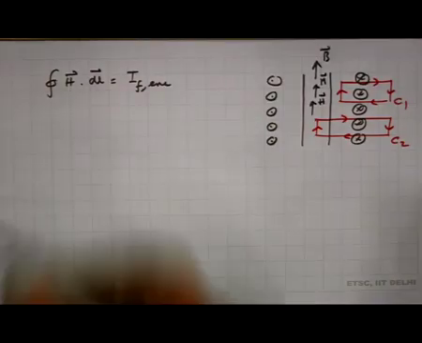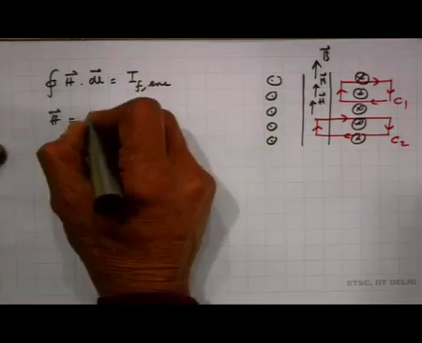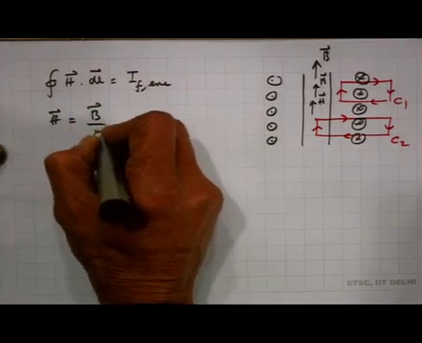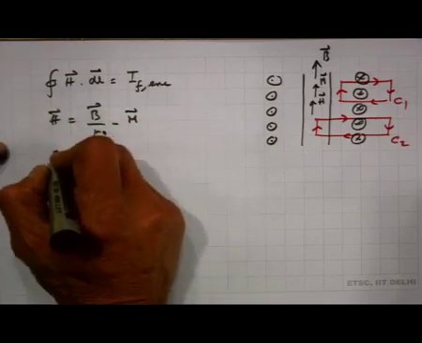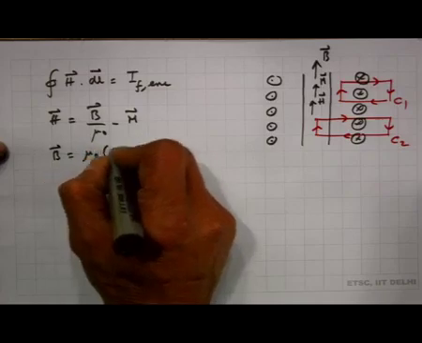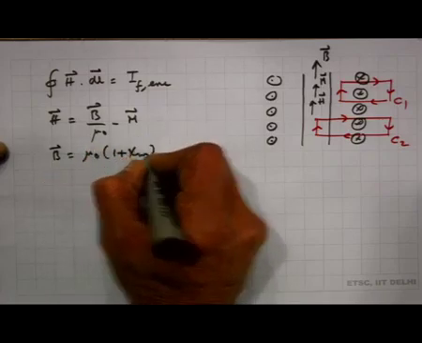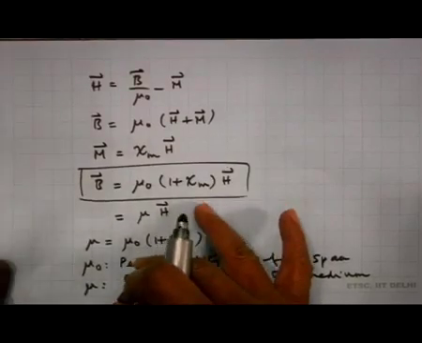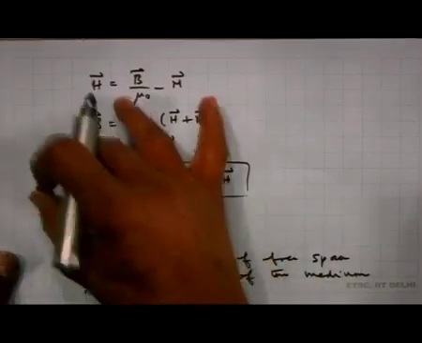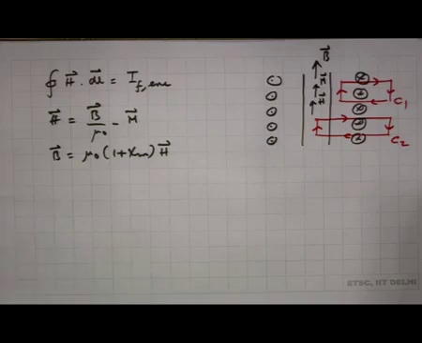H is equal to B by mu naught minus M, and B is equal to mu naught into 1 plus chi m into H. These two equations we had obtained earlier. So, this is what I have written again.